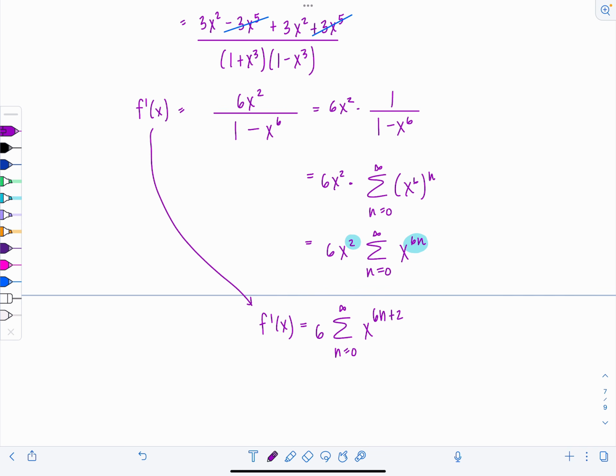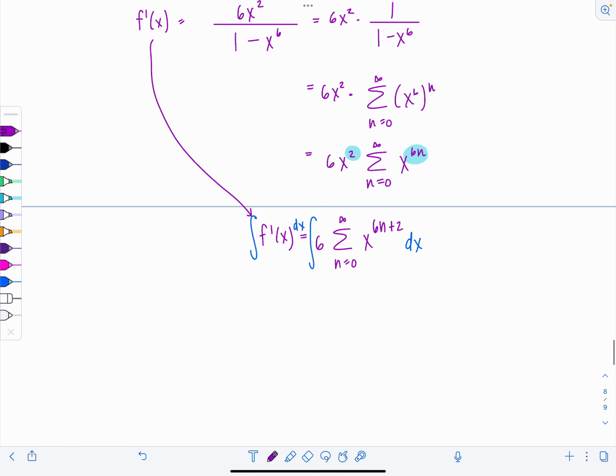Good. The worst is over, I promise. So now how would I find a power series for f of x? I have one for f prime. How do I go backwards? Integrate. Okay. So then f of x equals, no panic attacks.